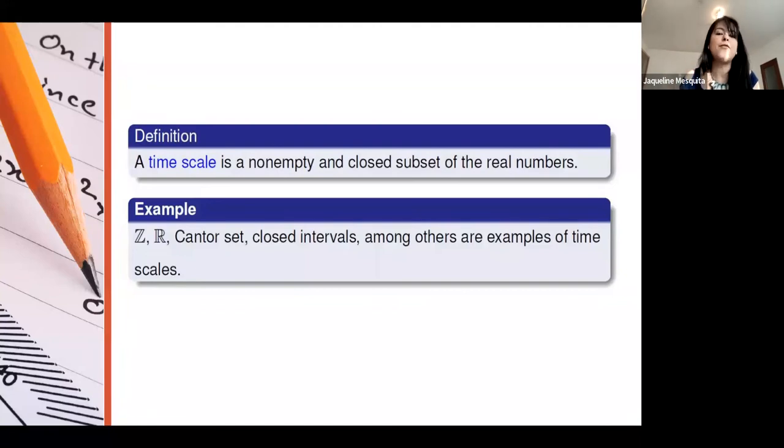Also, we can have a very special type of time scale called quantum scales, which is very important for quantum physics. And we can have many more examples of time scales. The only definition is that it is a non-empty closed subset of the real numbers. Because of this unification that time scales bring, this theory is appreciated by many mathematicians.